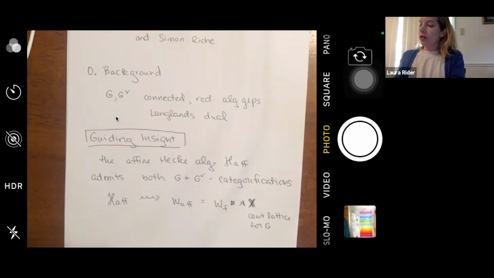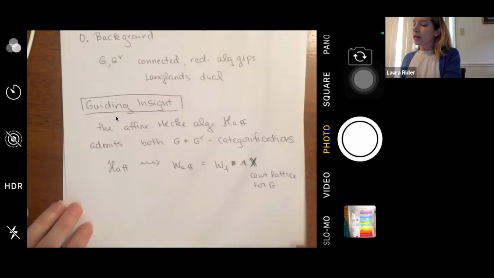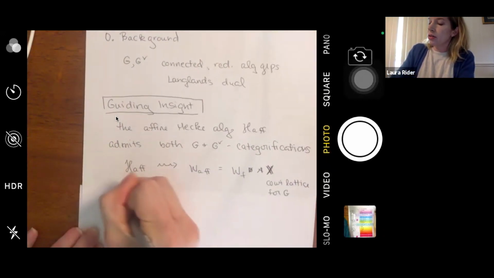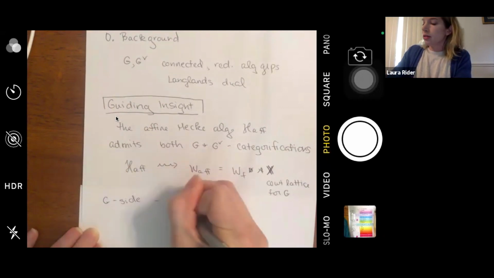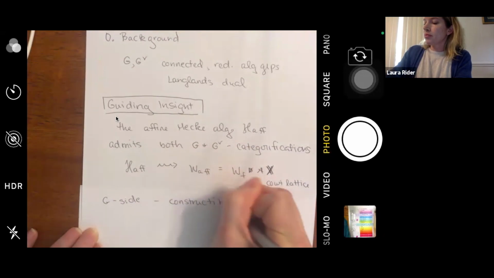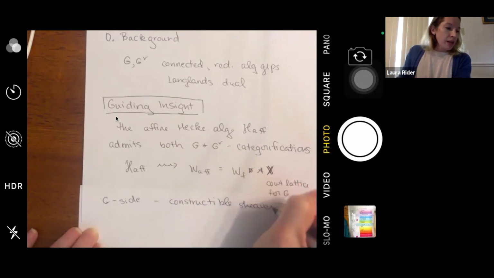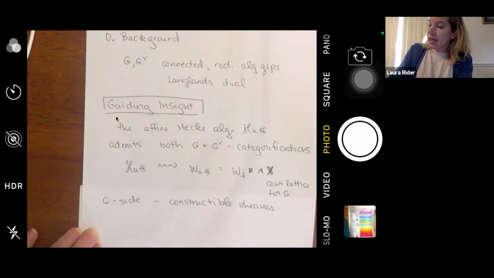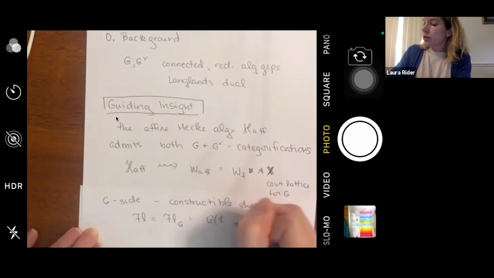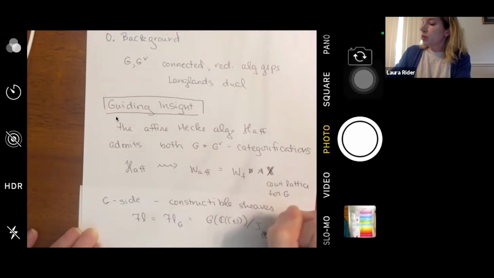And so the way these categorifications work is that on the G side, we use constructible sheaves. So we take the affine flag variety. So this is G evaluated over Laurent series modulo an Iwahori subgroup.